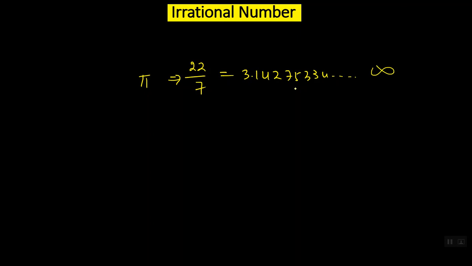This type of number is said to be an irrational number. After the decimal point, the digits continue till infinity without terminating. Such numbers are irrational. The square root of any non-perfect-square number is said to be irrational, for example root 2, root 3, root 5. These are all irrational numbers.